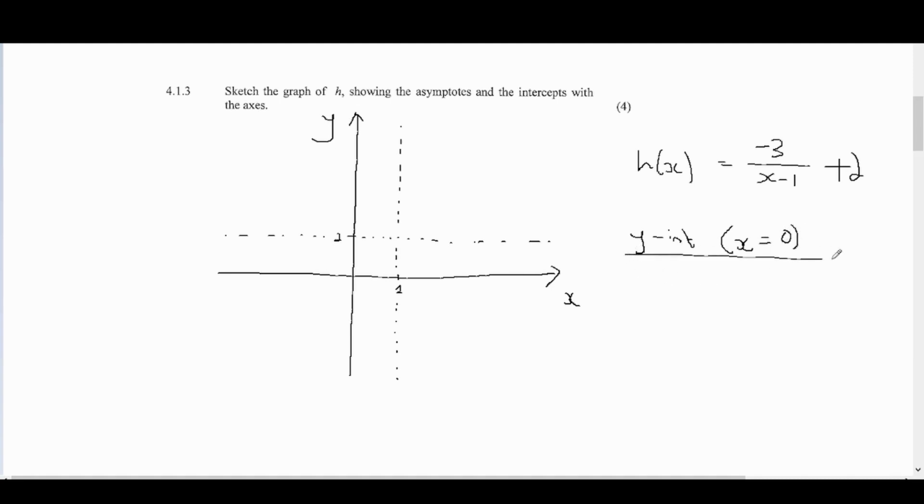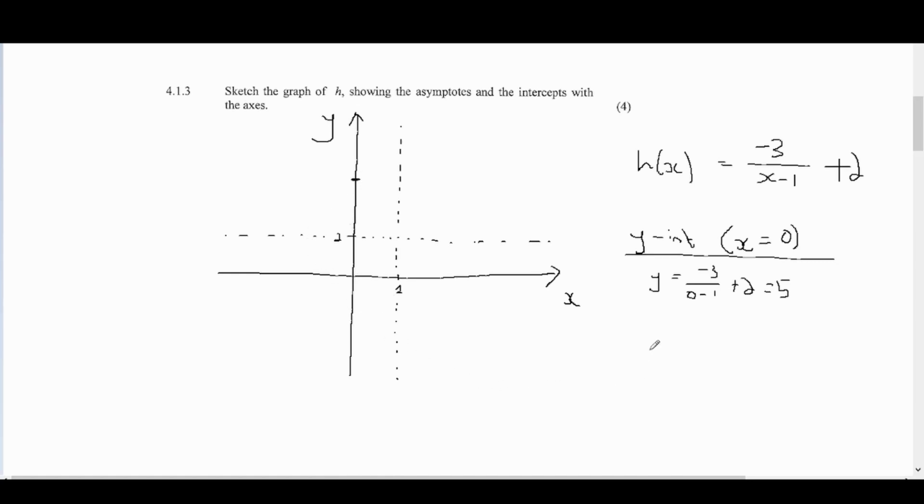So this will become y equals minus 3 over 0 minus 1, plus 2, and this just simplifies to minus 3 divided by minus 1 is 3, plus 2 is 5. So here's 2, 3, 4, so 5 will be about here.